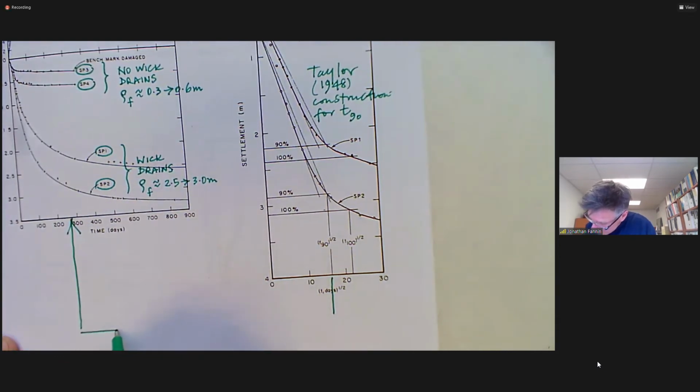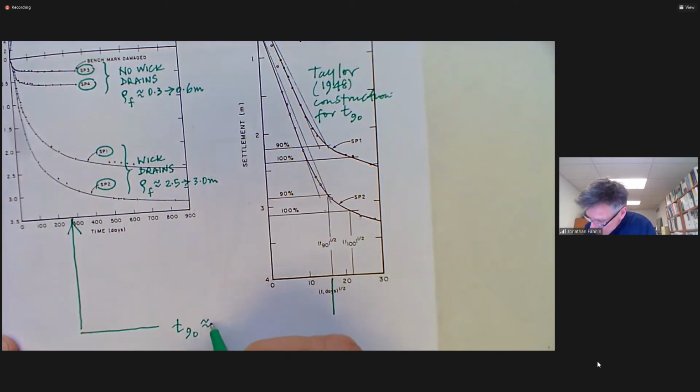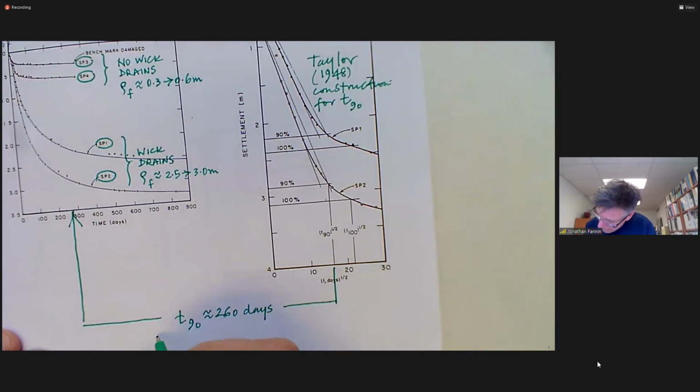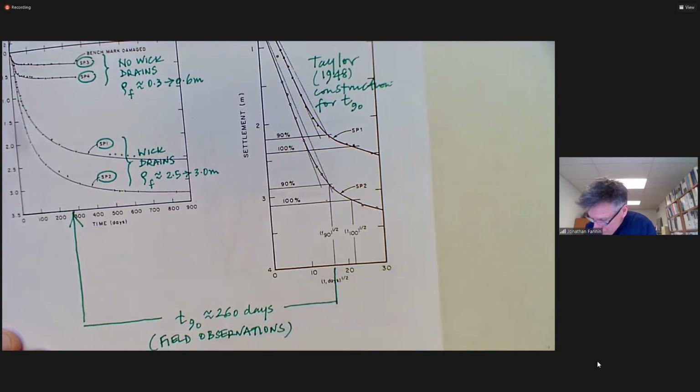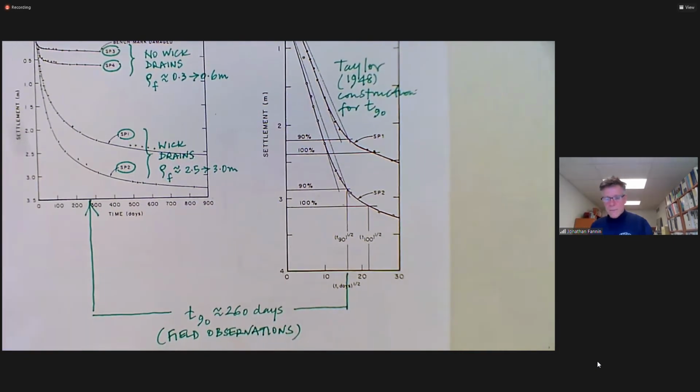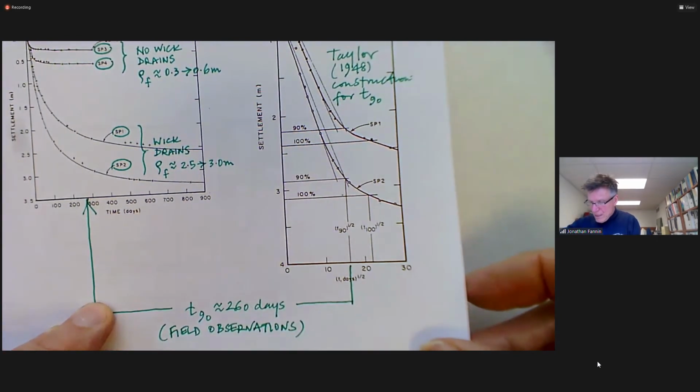And I'm going to join those up, and I'm going to say T90 is approximately 260 days. Field observations of settlement. Okay, so that's good. We got T90 is 260 days.